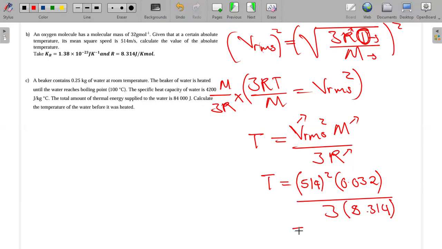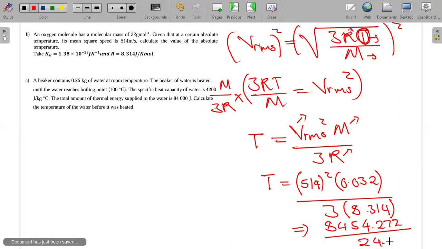So this is going to be equal to what? Let me just multiply what I have. 0.032 multiplied by 514 squared. This is giving me 8454.272 like this, over 3 multiplied by 8.314.